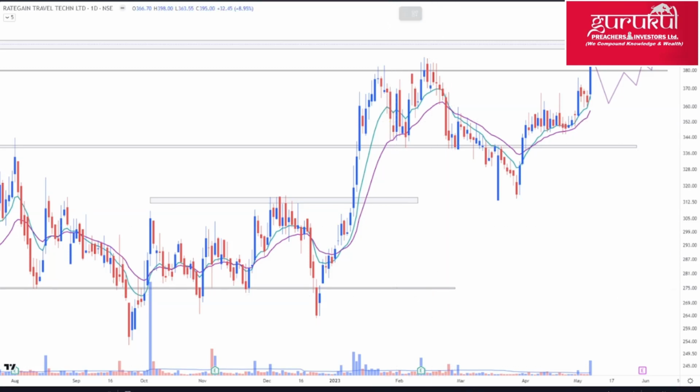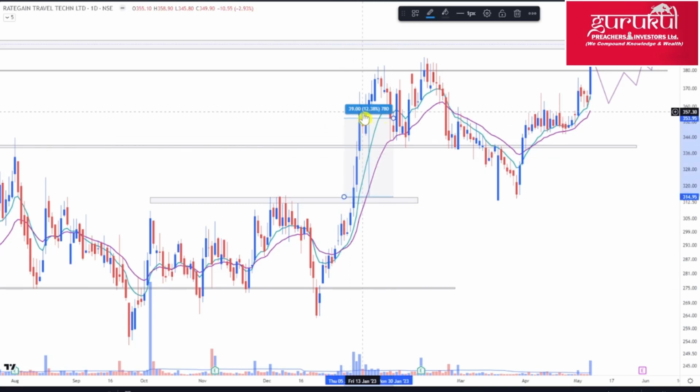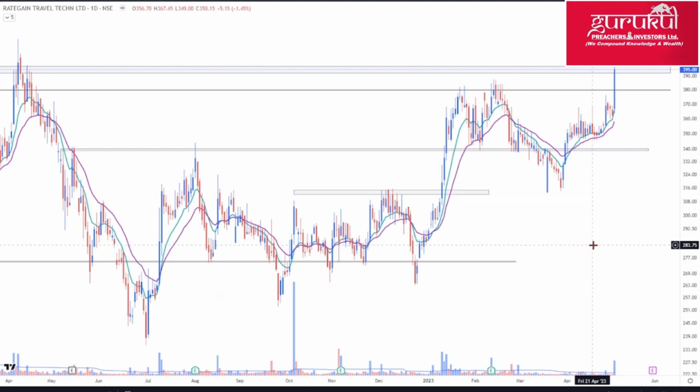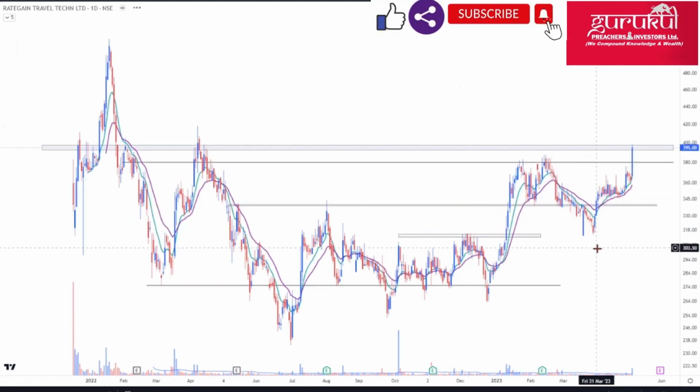But a person who would have entered here and exited at this location would have bagged 12.38% profit, and that is not a small amount, of course, right? So the aim of the market is to hunt you out, but if you are psychologically strong enough and if you are trained enough, then you will be able to sustain in this kind of market, right?